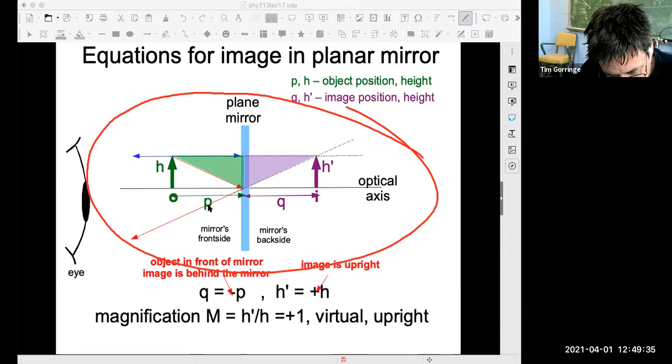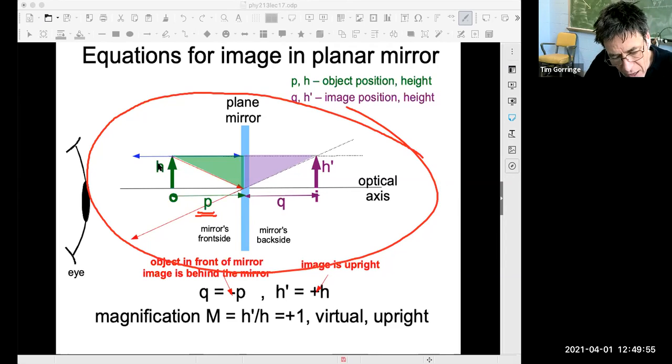The object is over here on the left. The object distance is the distance from the center of the mirror along the optical axis. We call that P. So that represents the location of the object.